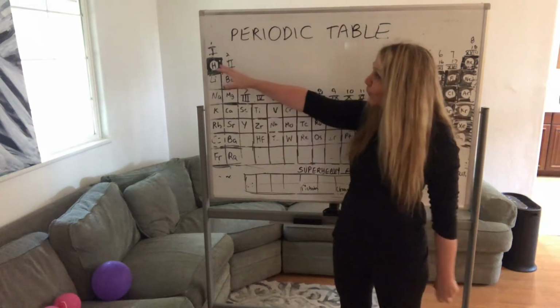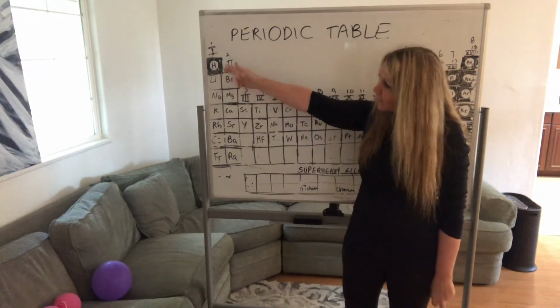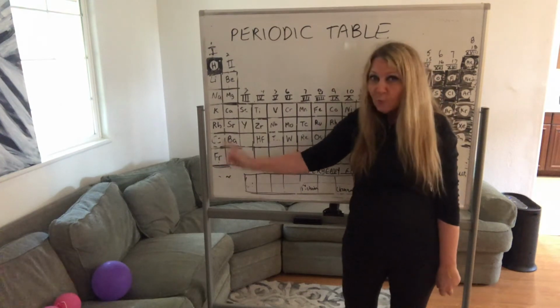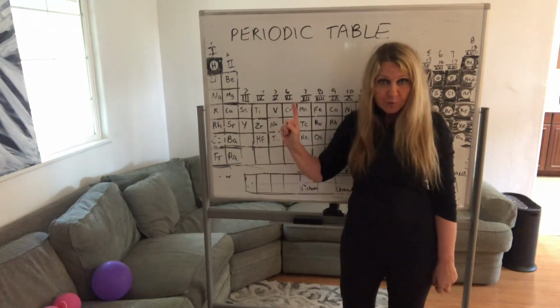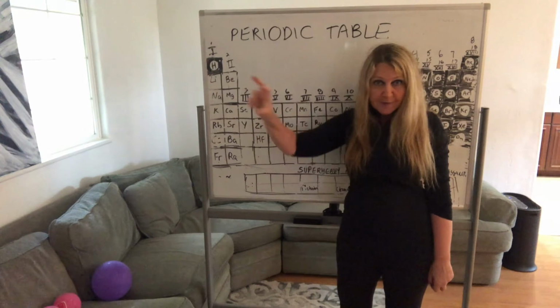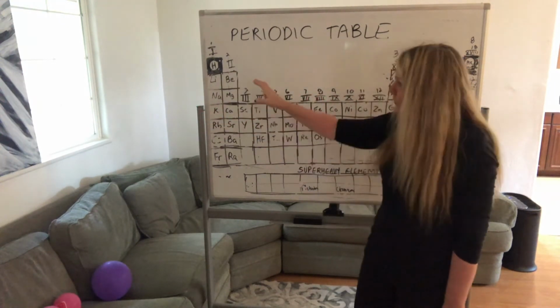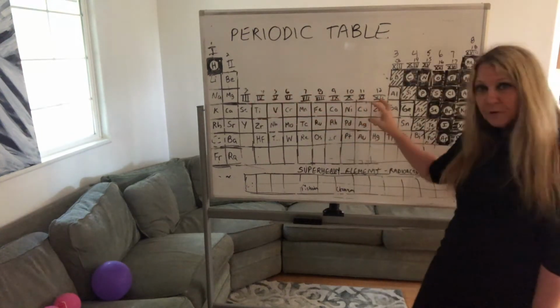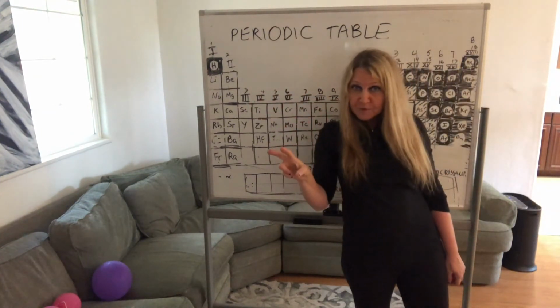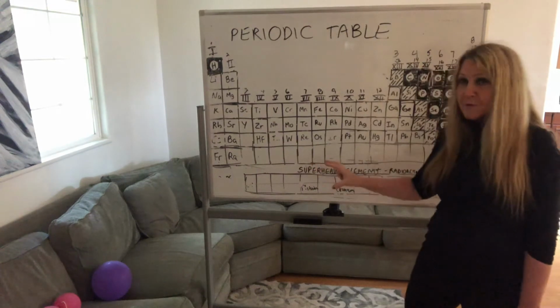Okay, so here we have group 1. They all have one valence electron. So there's one electron on the outside energy level. Group 2 has two valence electrons. Groups 3 through 12 are like rule breakers. They are transition metals.